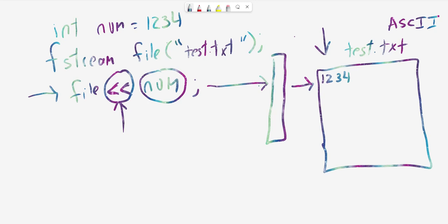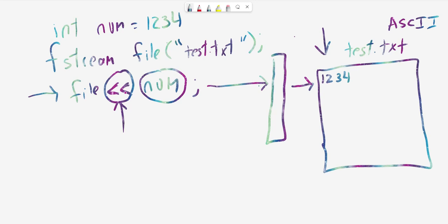You won't be using ASCII. So what this insertion operator does, this less than sign, it's not called a less than sign, it's called an insertion operator, is format the data into ASCII. In simple terms, that's really what it's doing.